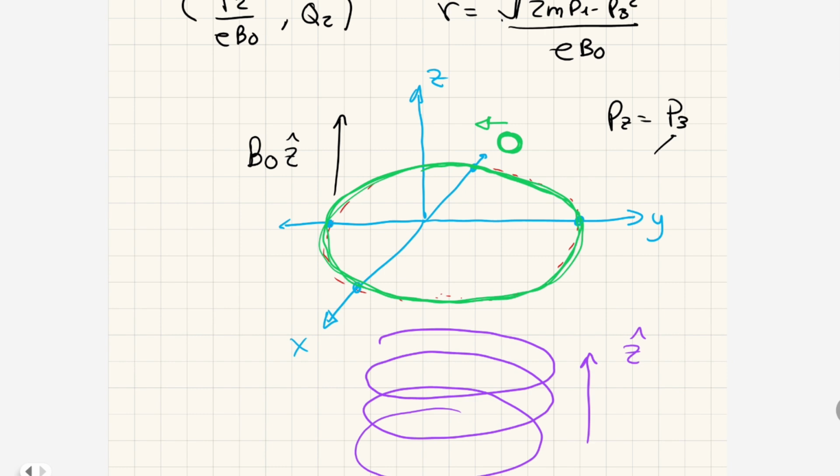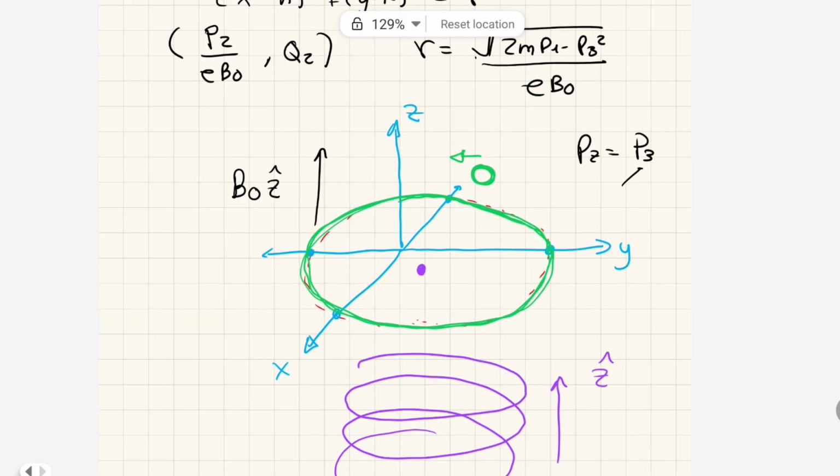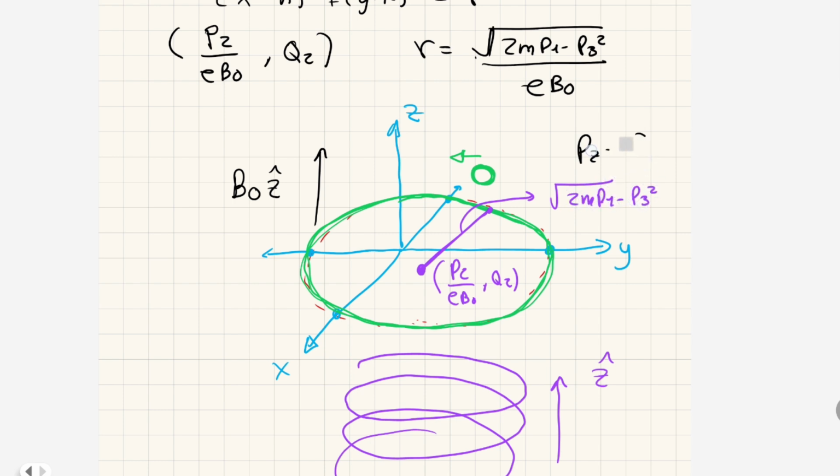And remember that what we found out for this projection circle is that the center of the circle, let's say it is this point, is located at P2 divided by EV0, Q2, and that the radius of the circle has a length of the square root of (2mp1 minus p3) squared divided by EV0.